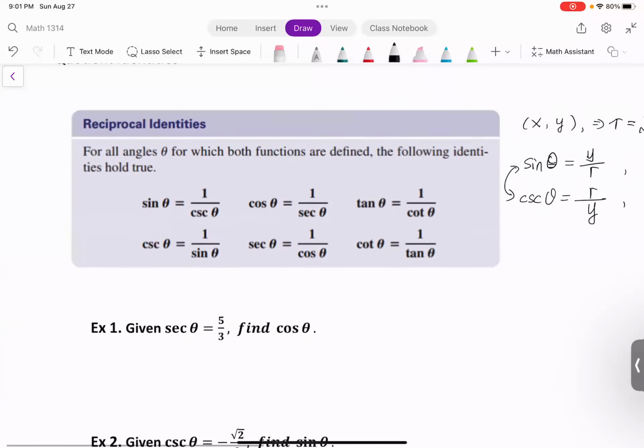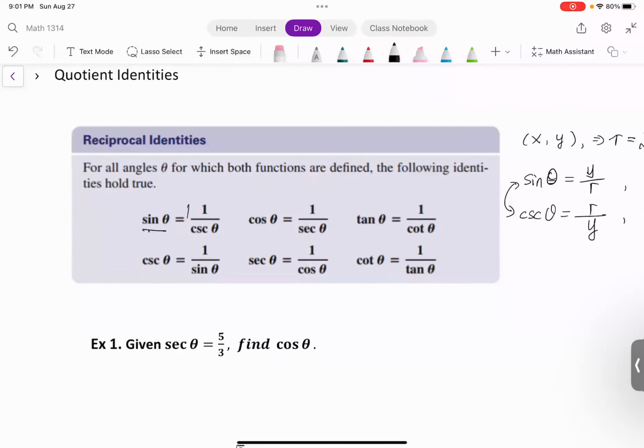If I have sine theta, I know its reciprocal is 1 over cosecant theta, because sine and cosecant are reciprocals. If I have cosecant theta, that's 1 over sine theta. If I have cosine theta, it's 1 over secant theta, and secant theta equals 1 over cosine theta.